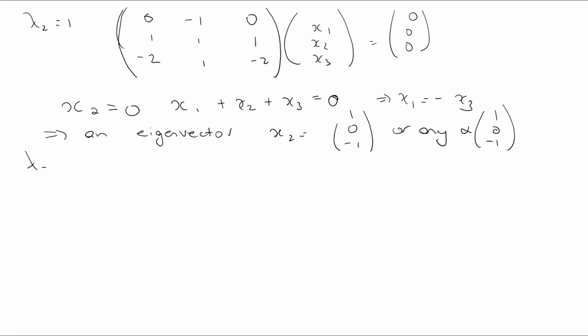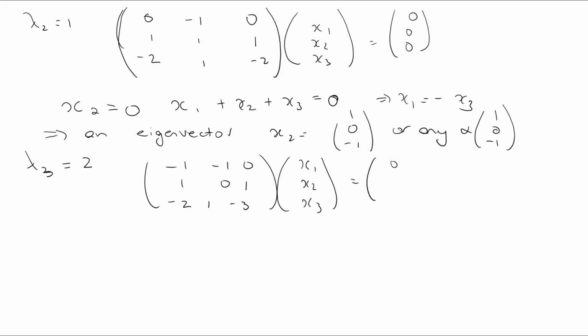Similarly for lambda 3 equals 2. Set up the matrix. And from row 1, -x1 minus x2 equals 0.